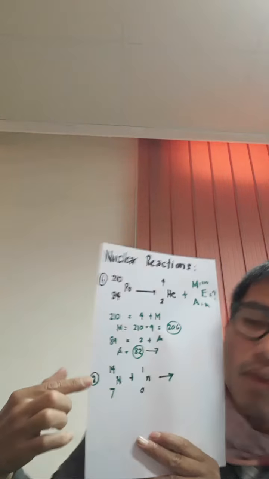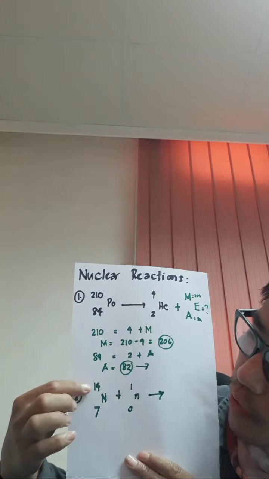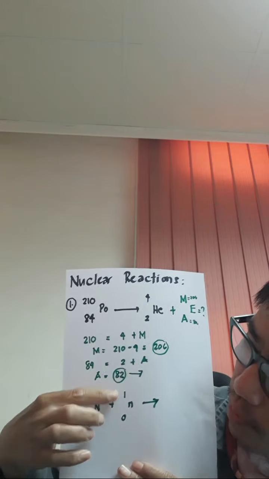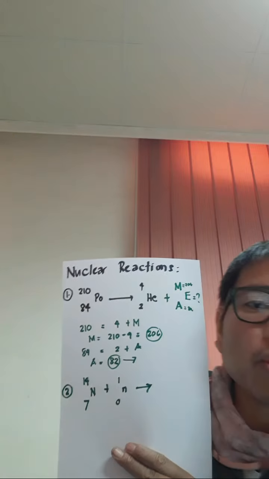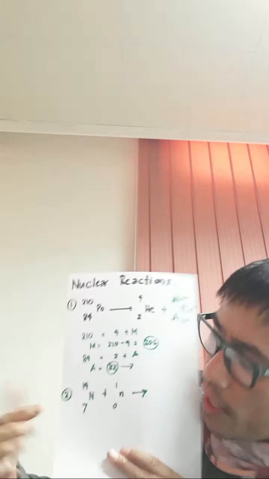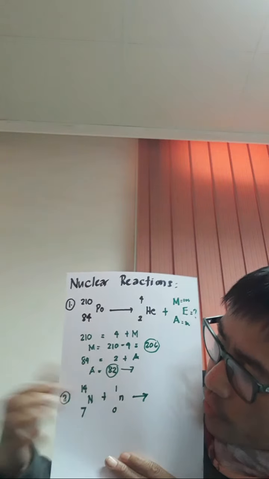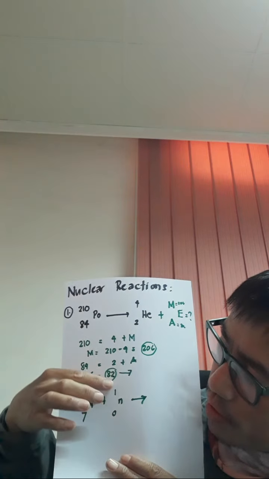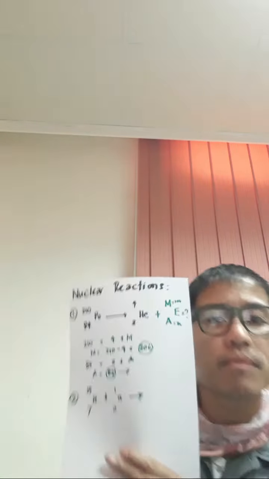This is our second example. If you have a blank sheet of paper, you can solve it by yourself. Nitrogen 14, 7, plus 1, 0. This is a neutron particle, meaning the nitrogen is bombarded with neutron.